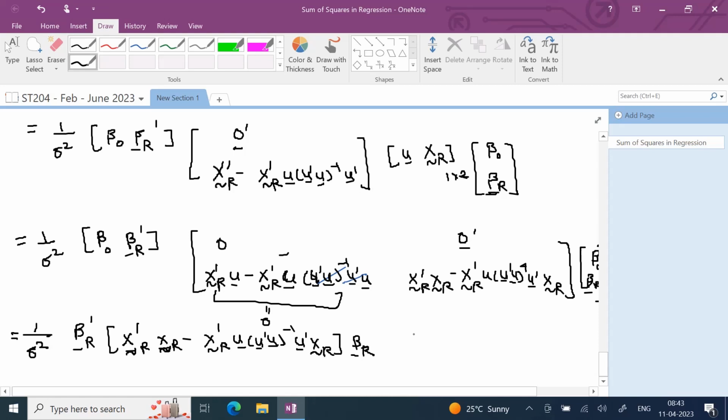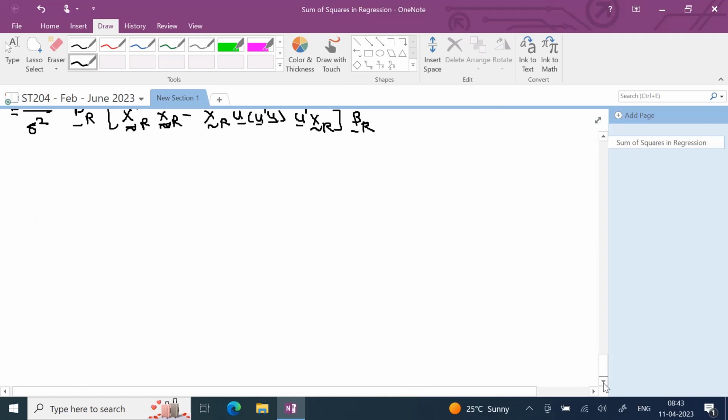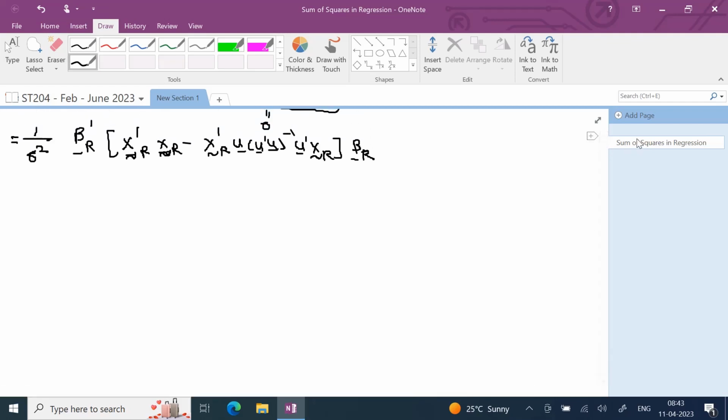This is the term that remains because all other three entries are 0. So I get only the last entry. This becomes my non-centrality parameter for that chi-square distribution.